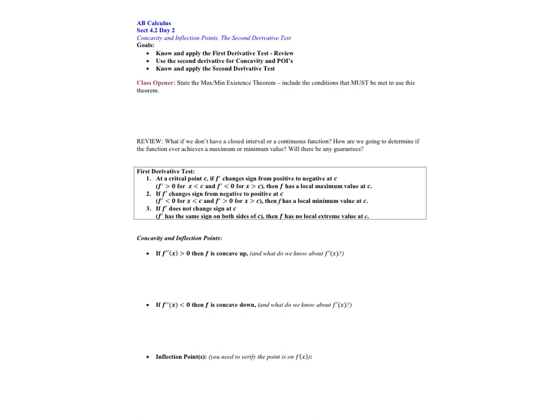All right, so class opener. State the Max Min Existence Theorem. Include the conditions that must be met to use this theorem.